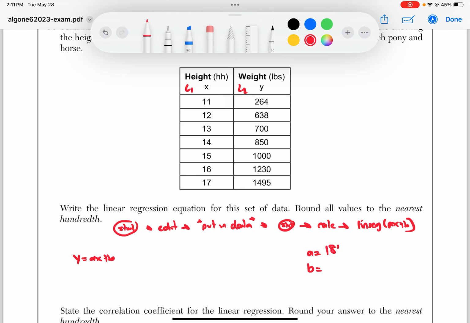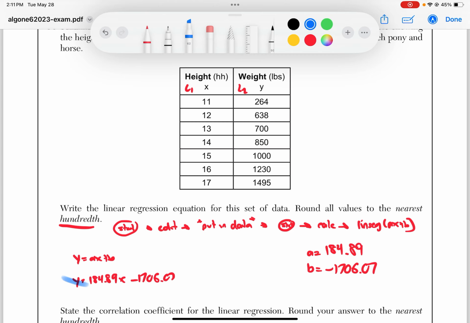A is 184.89. It wants the nearest hundredth. B is negative 1706.07. So filling both of those in for A and B, we get y equals 184.89x minus 1706.07.